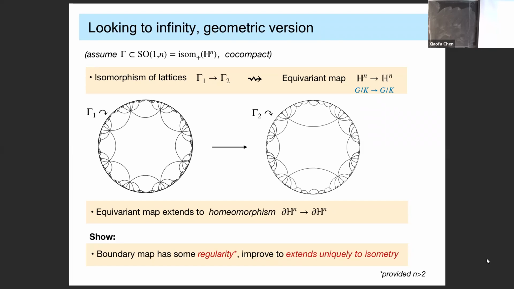Okay, what is this regularity? Mostow's version is that these boundary maps are quasi-conformal. That's actually not so hard to do by hand. And the improvement is, in his version, you use some ergodic theory and analysis to figure out that they're actually forced to be conformal. And there are many other versions of this final step of improving regularity rather than using ergodicity arguments.